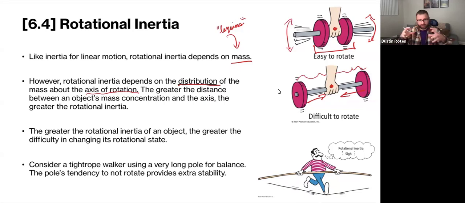The greater the rotational inertia of an object, the greater the difficulty in changing its rotational state. You actually see this, if you will, before Barnum and Bailey stopped doing their thing, back when it was not politically incorrect to go to circuses, you could see tightrope walkers hold these huge poles that were 20, 30 feet long.